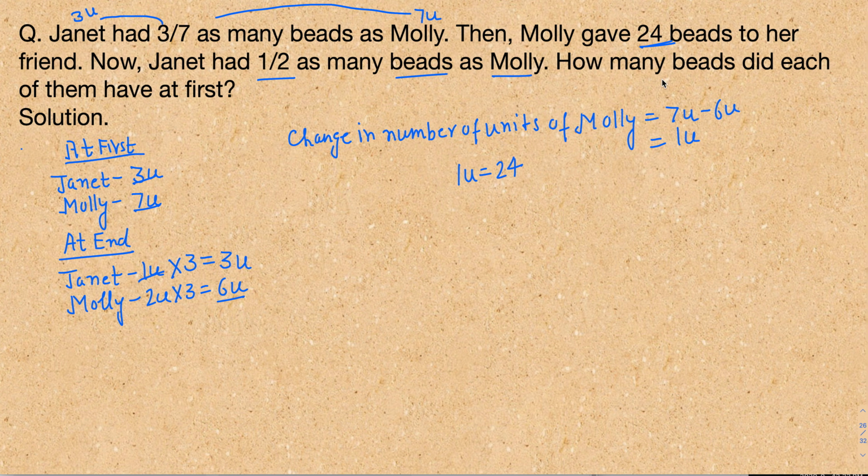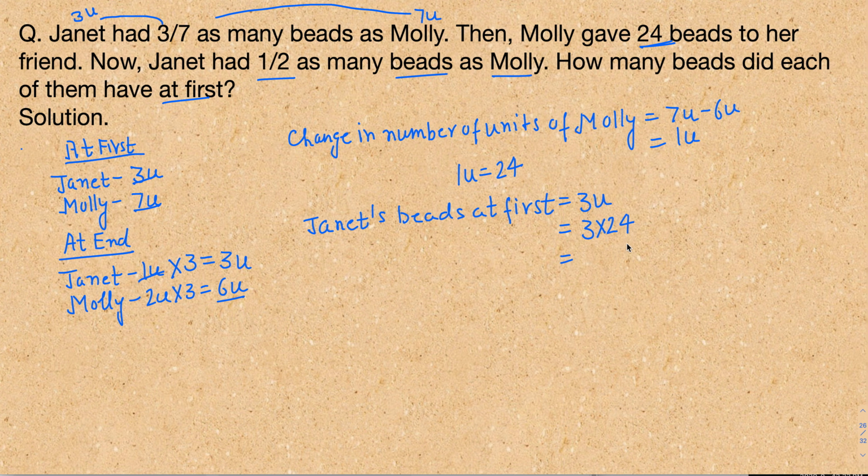So let's read the question again. How many beads did each of them have at first? These are the units of beads each of them had at first. So we can write our answer like this. Let's start with Janet first. Janet's beads at first is 3 units, which is 3 times 24, because 1 unit is 24.